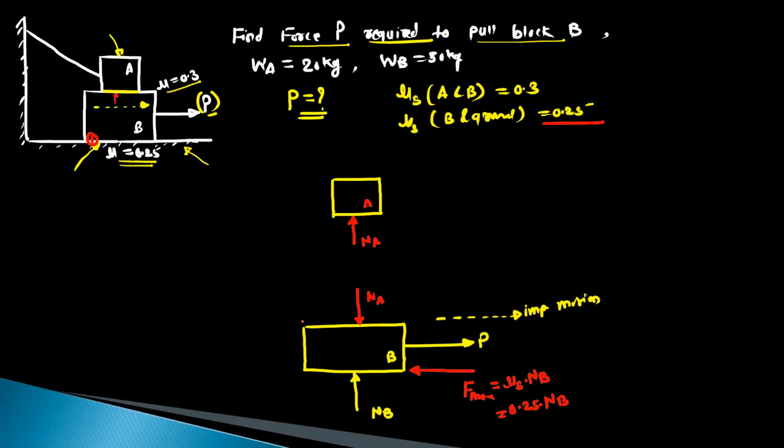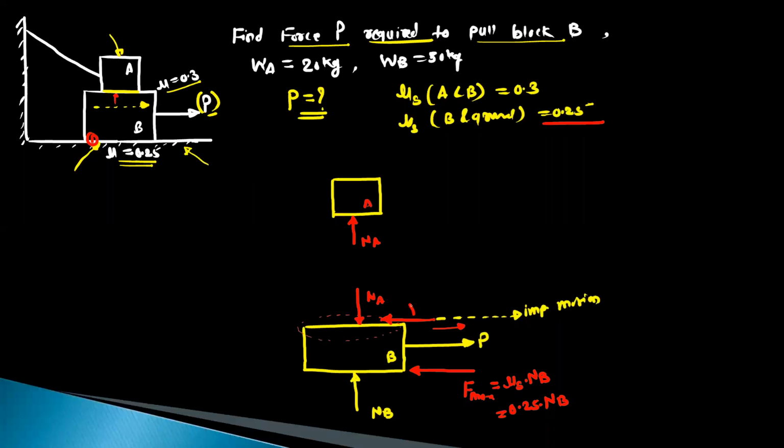Now at this contact surface between block A and block B, what is the direction for the frictional force? Friction will be exactly opposite to the impending motion. The complete block B is moving towards the right side, so at both its contact surfaces, the friction will be opposite to the impending motion. This is the friction force direction at the second contact surface.